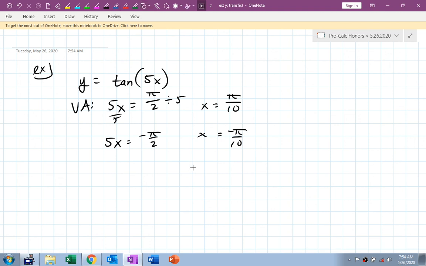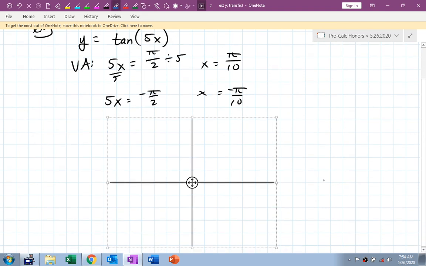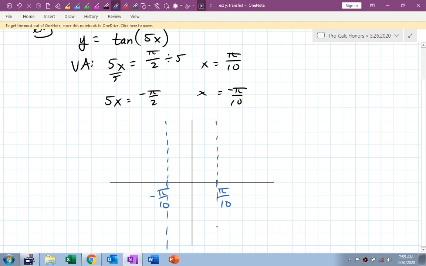Once you have those, I put them on. Negative pi over 10, pi over 10, put a dot, make the snake. You're done. That'd be your graph.